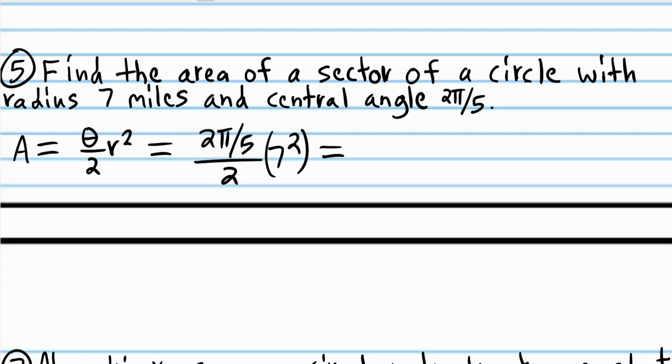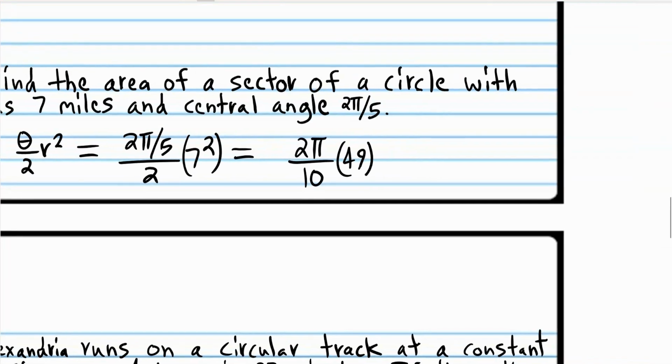The 5 cancels out here. When you multiply that 2 pi over 5 by 5, you get 2 pi. And when you multiply the bottom by 5, of course, you get 10. 7 squared is 49. And we can reduce that fraction. That becomes pi over 5 times 49. And our final answer is 49 pi over 5.